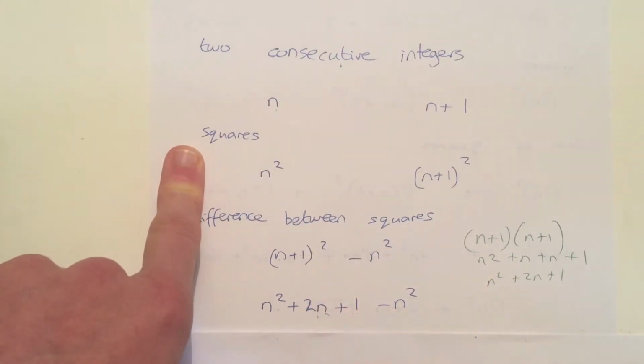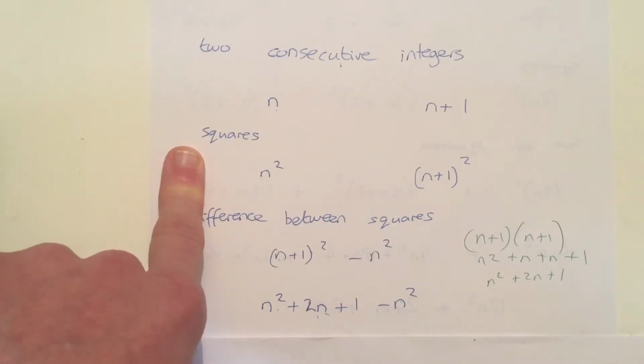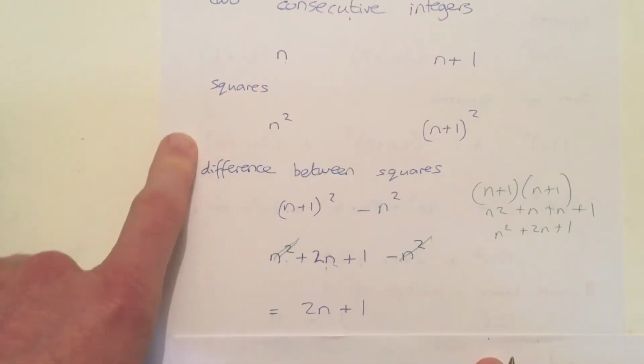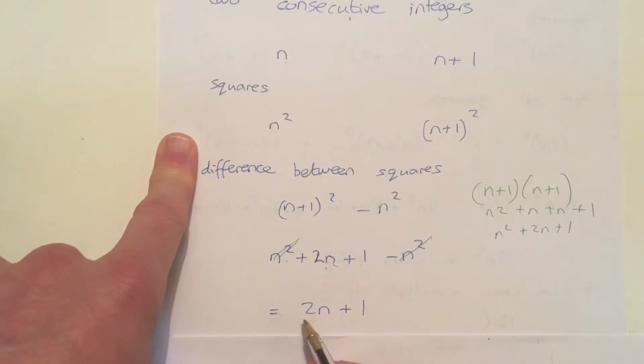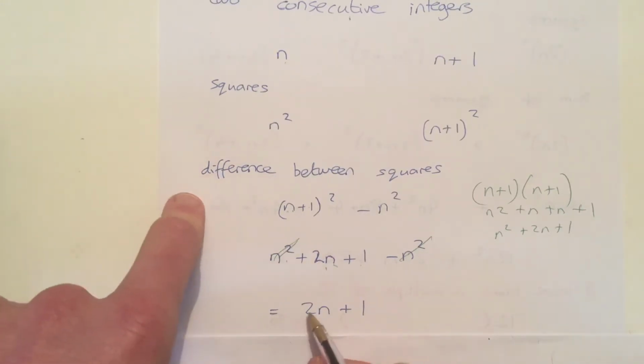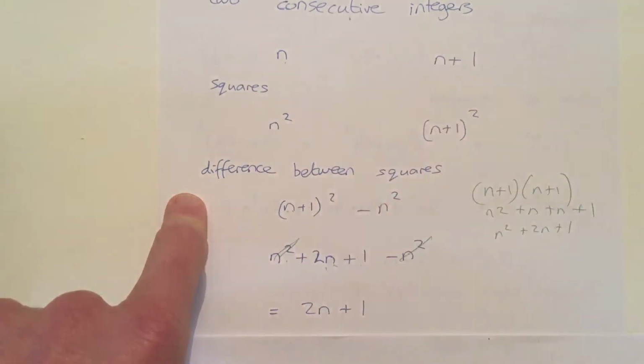So we've expanded those brackets. We've got the minus n squared over here as well. Now you can see that we can collect up these like terms, they cancel out, and so we're left with 2n plus 1. So this is the difference between the squares of our consecutive integers.